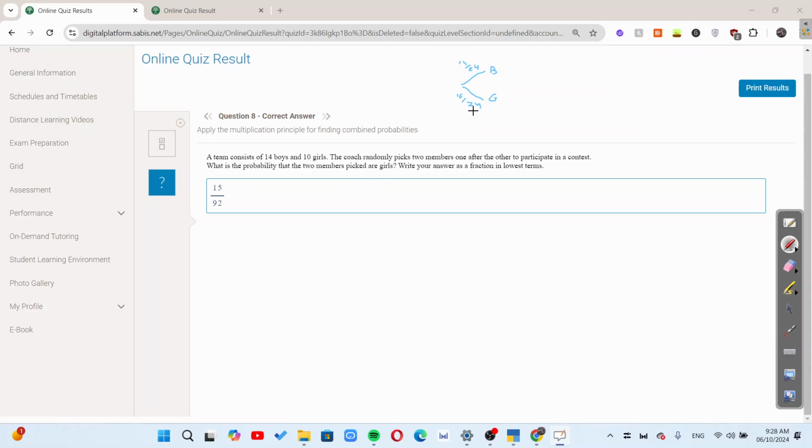What's the probability that both the members he picked are girls? The probability is decreasing, by the way, because if you pick a girl from the team, that's one less girl you have to pick from.